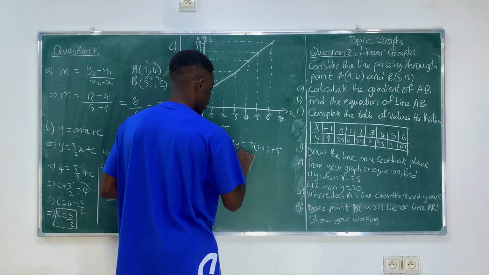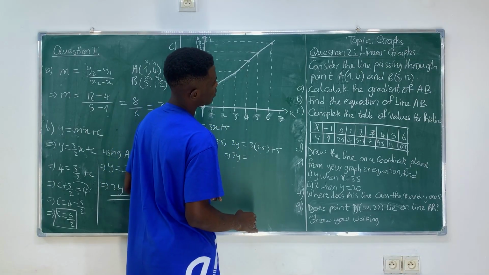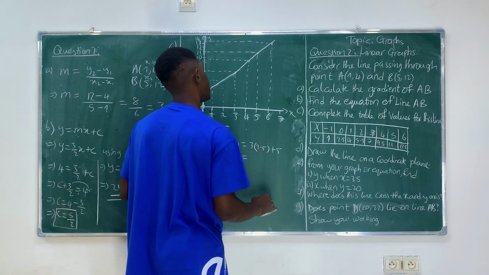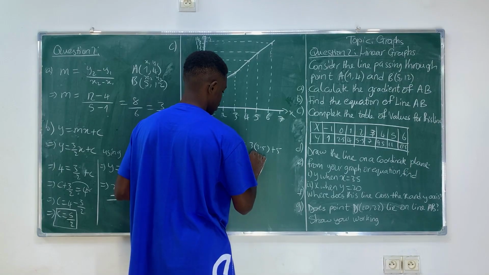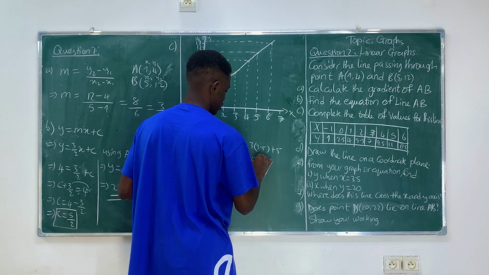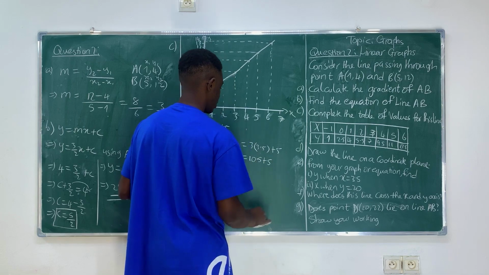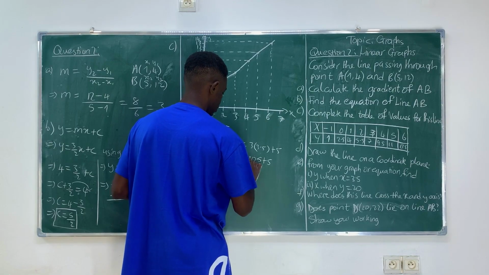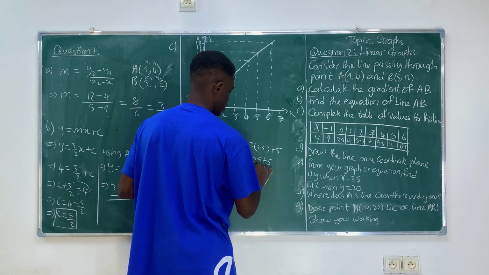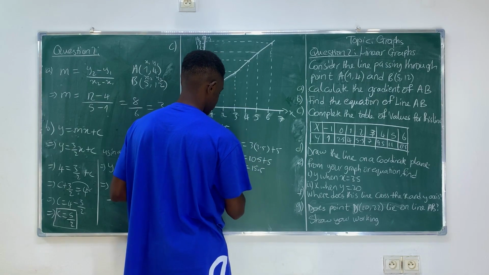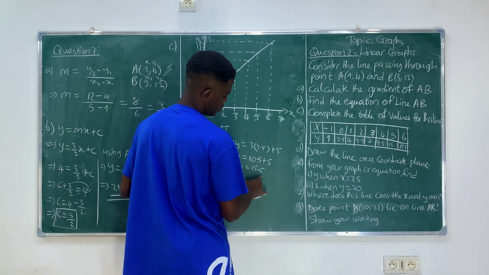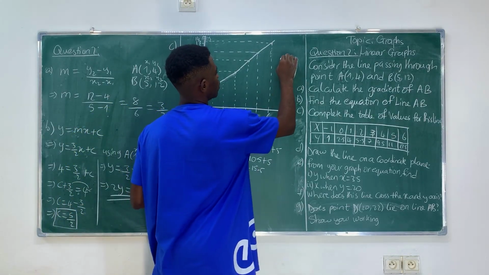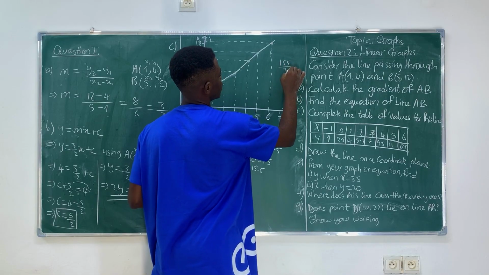So 2y is equal to what is 3 times 3.5? 3 times 3 is 9. 0.5 times 3 is 1.5. 9 plus 1.5 is 10.5, plus 5, which implies 2y will be 15.5. Y will be 15.5 over 2.